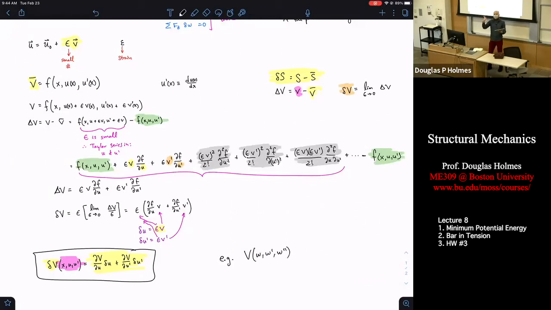W double prime would be the curvature of the beam along X, W prime would be the slope of the beam along X, and W would be the displacement of the beam along X. In that case, take a second and see if you can write down what the first variation of that total potential energy is.